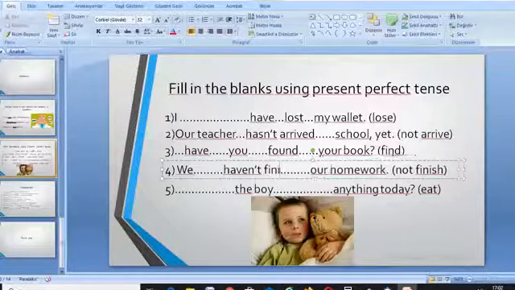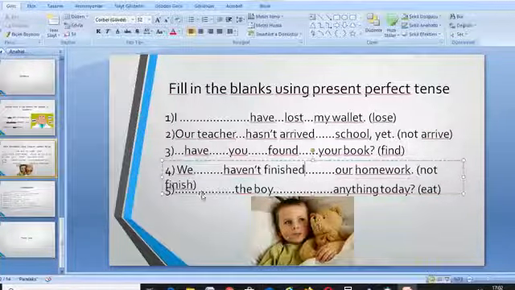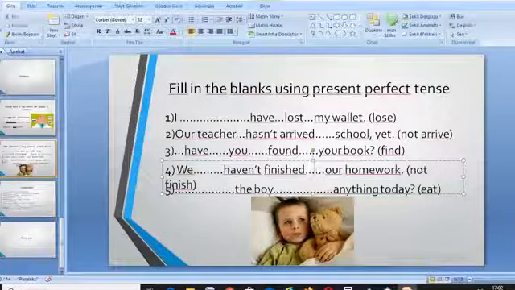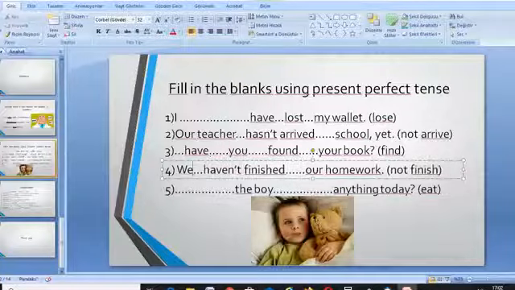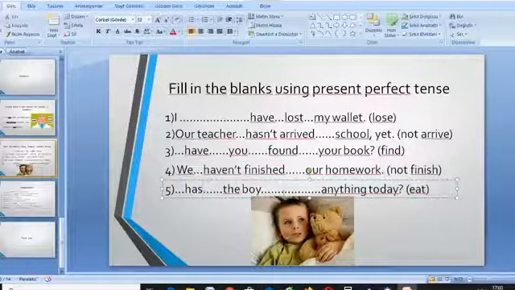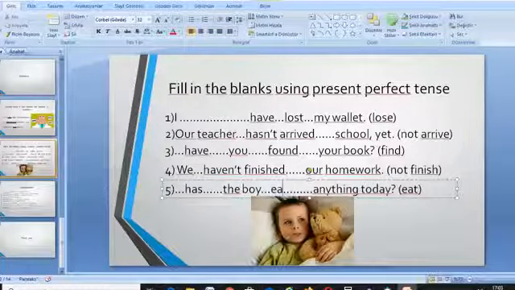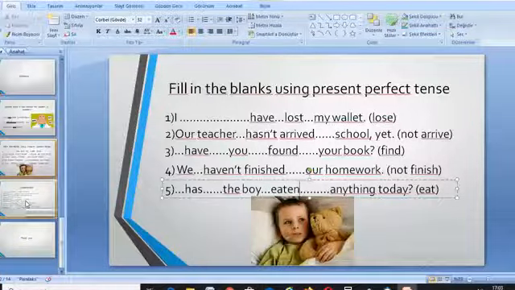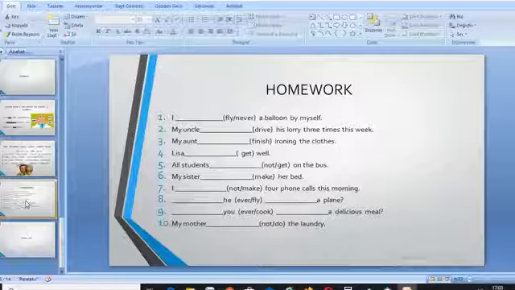It's a regular verb again. We haven't finished. Okay, the boy, anything, today, eat. So we say, has the boy eaten anything today? The past participle is eaten. Good, very good.